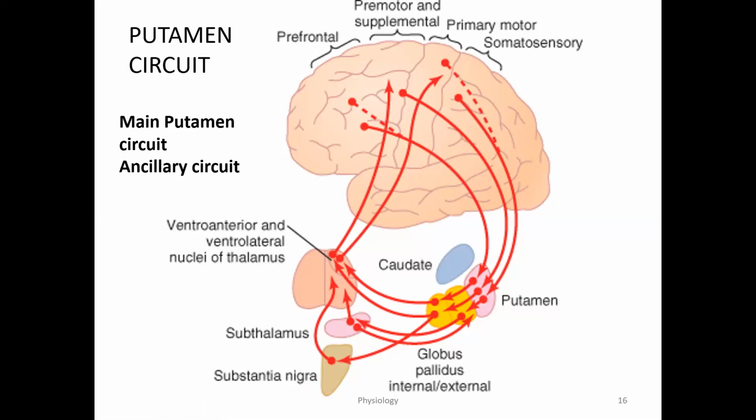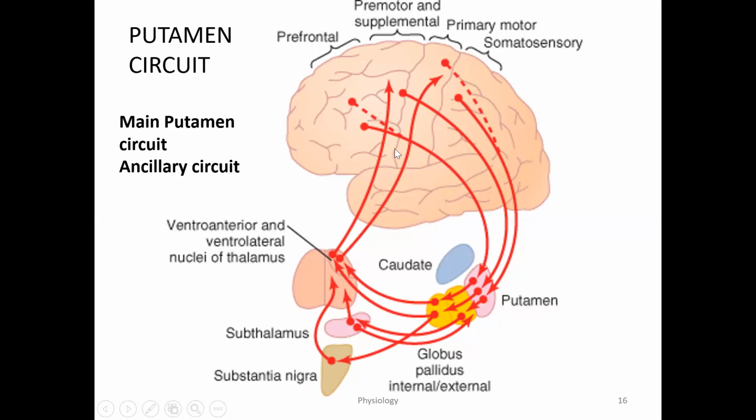Now, what are the ancillary circuits, the supporting circuits for the main putamen circuit? There are three ancillary circuits. The input is common from these three areas, which enter into the putamen nuclei. From the putamen, it enters the globus pallidus internal segment. Now from here, the first ancillary circuit enters the substantia nigra and then the ventroanterior nucleus of thalamus.